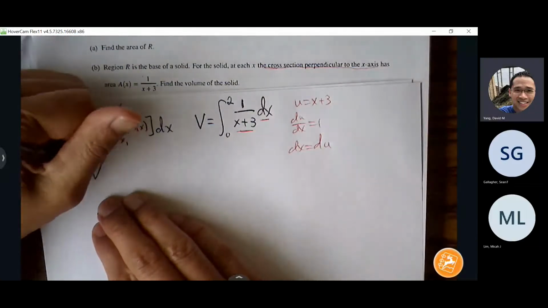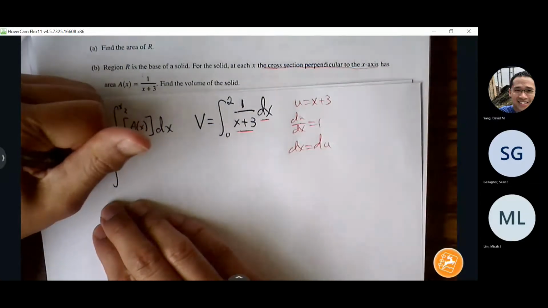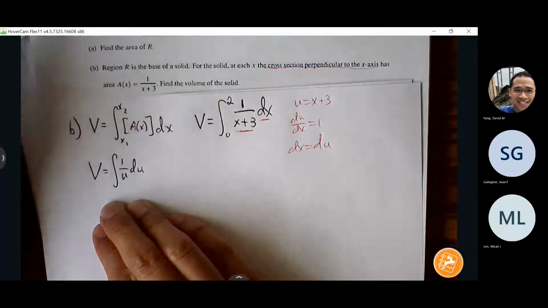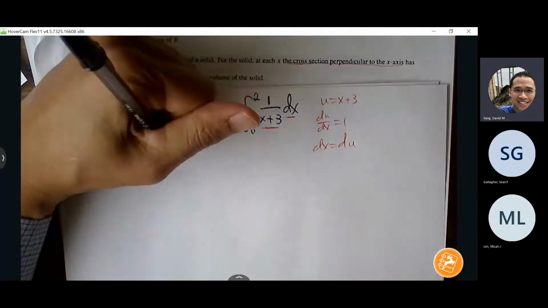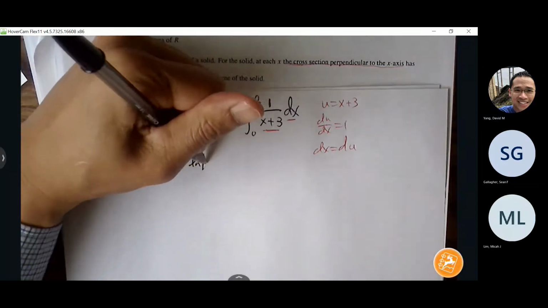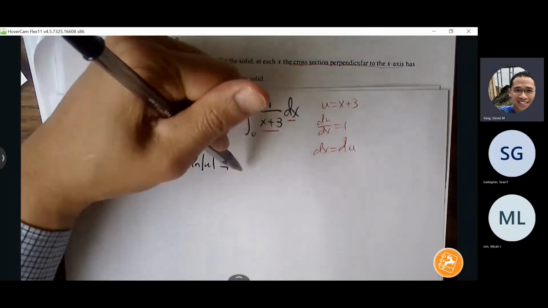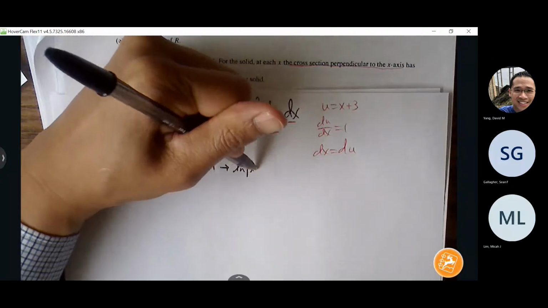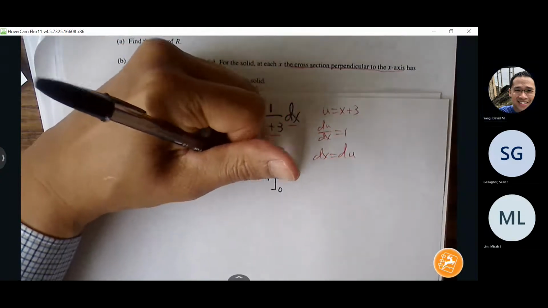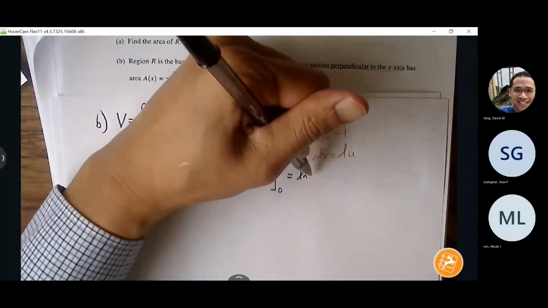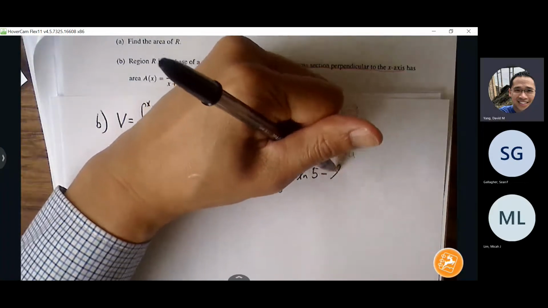Make our substitutions here. No coefficients to keep track of. This will give us directly into natural log. Bring the original variable back. And then work in the lower and upper bounds. Upper bound first, then lower bound.